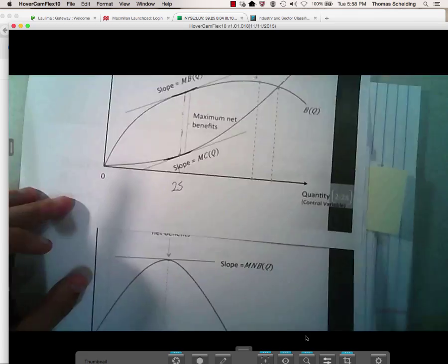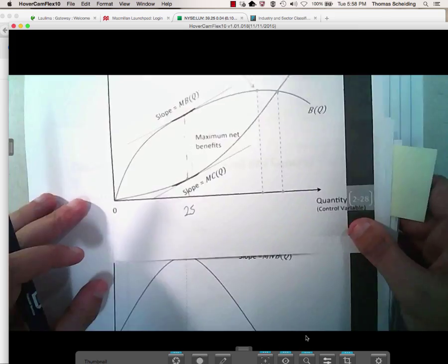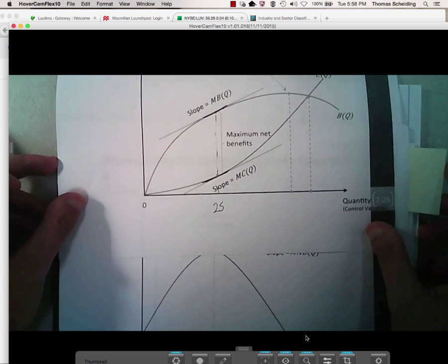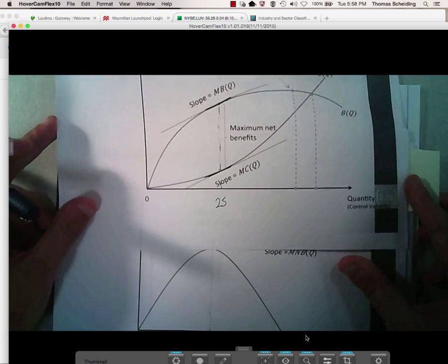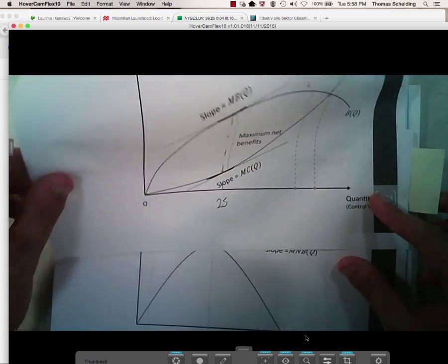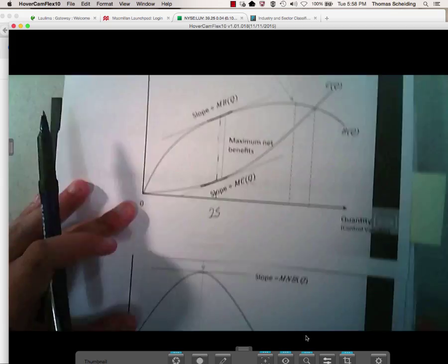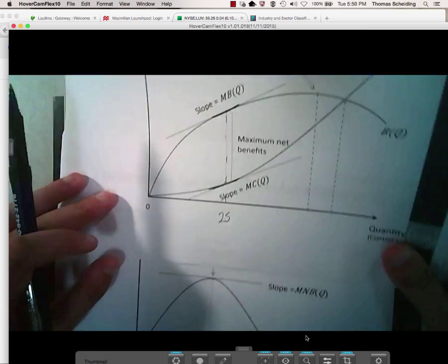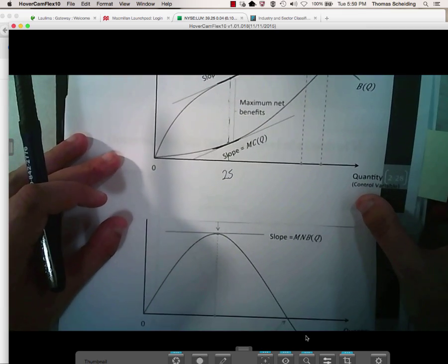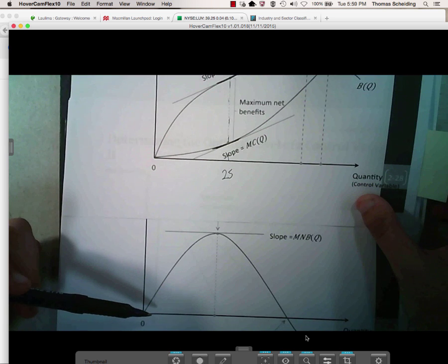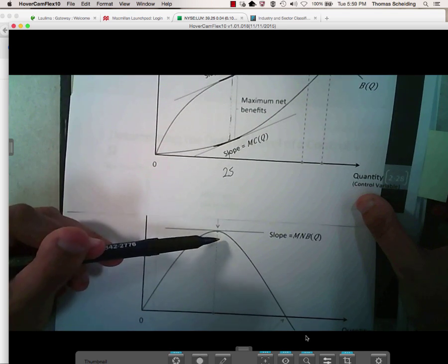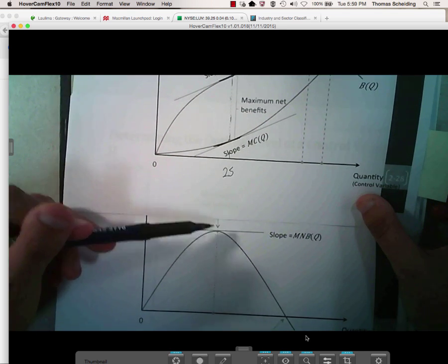And probably the best way to understand this is actually by doing this as a drop-down graph here. If I were to plot it out, what we would see is that the difference between the two gets maximized when the slope is equal here.